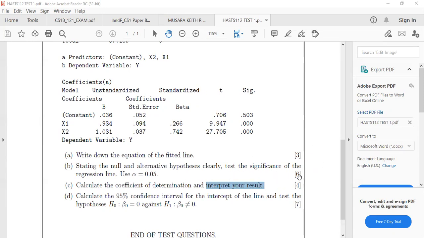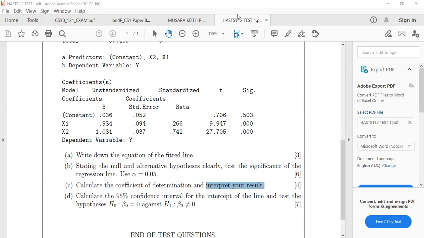That's x1 and x2. Sorry, you said x1 and x2 are dependent or independent variables? Independent variables. Okay.